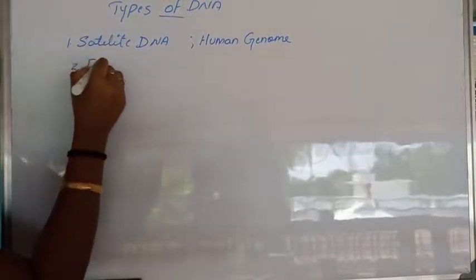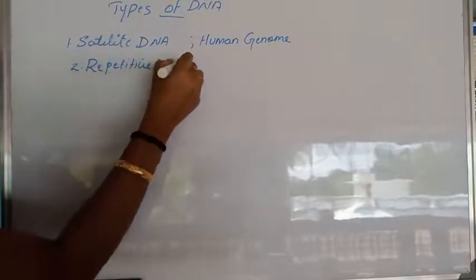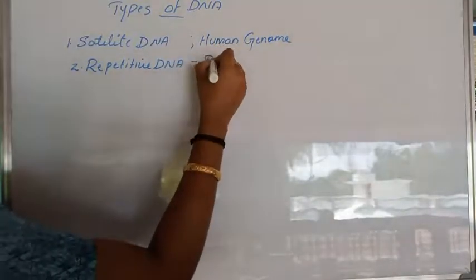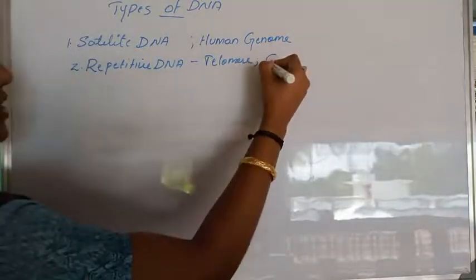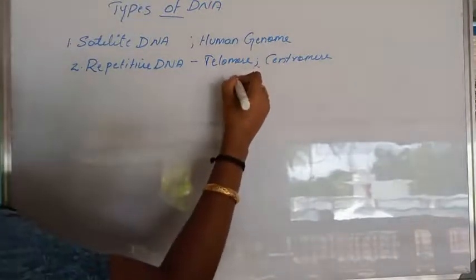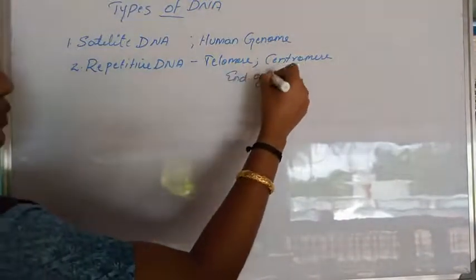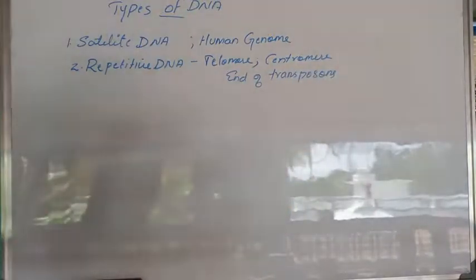Then the next type is repetitive DNA, which occurs in the telomere, centromere and also in transposons. Telomere is the end of the chromosome. Centromere is the central part of the chromosome. Then you can see it at the end of transposons.